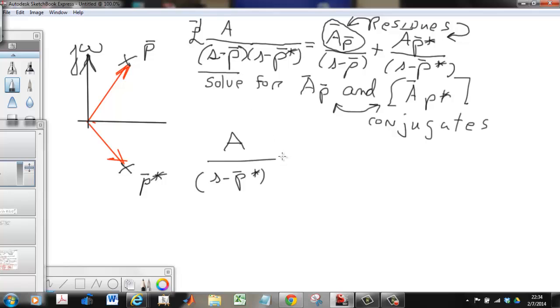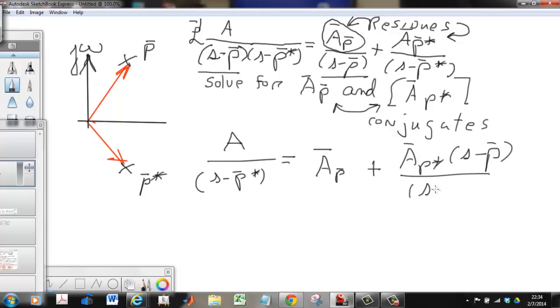And then we're going to end up with A_P, the residue for pole P, isolated, because when we multiply by s minus p, we'll cancel that term. And finally, we'll have the residue for p star times s minus p, like so, over s minus p star.